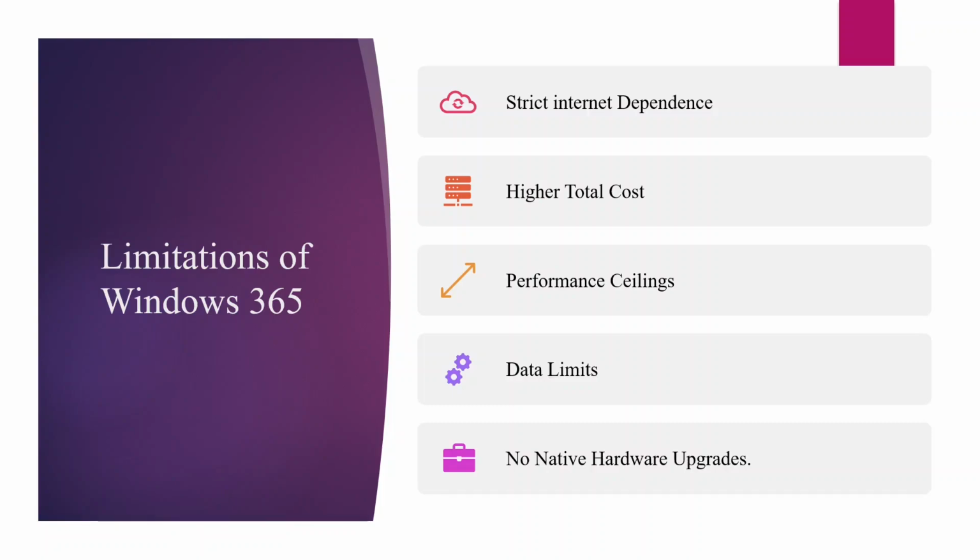Performance ceilings. They are not ideal for resource-heavy tasks like CAD, modeling, or 3D rendering, as cloud PCs max out at 16 virtual CPUs and 64 gigabytes of RAM. Microsoft also limits the outbound data transfer depending on the assigned RAM tier of the cloud PC.